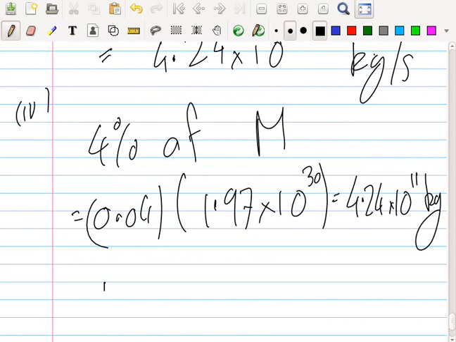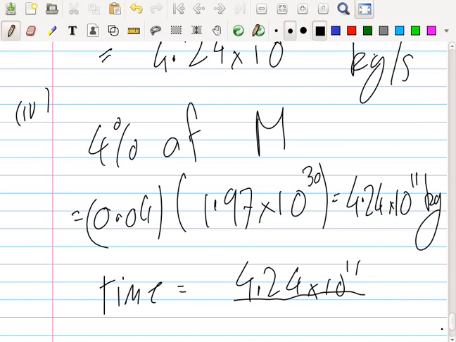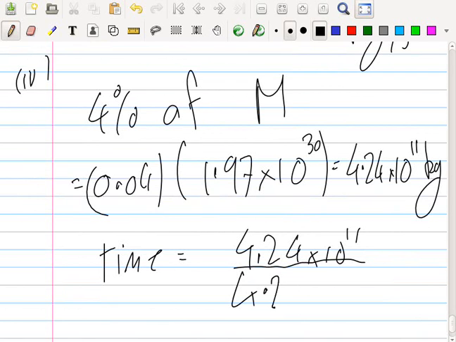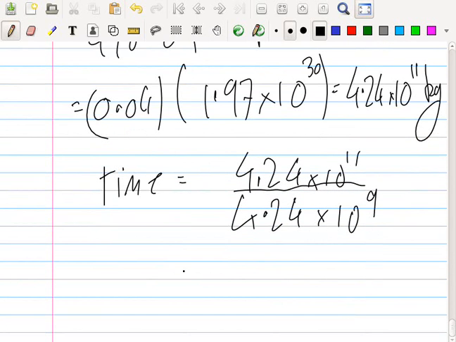So the time would equal this divided by how much it burns per second, which is 4.24 times 10 to the 9. What's that?